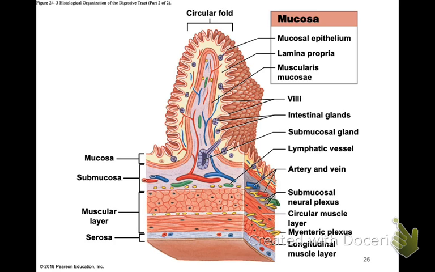We'll come back and look at this diagram again to pick out the specific parts associated with the small intestine, but you can see in the submucosa you've got some glands there, you've got major blood vessels there, and lymphatic supply. And then find your myenteric plexus, the nerve fibers, and the submucosal plexus.